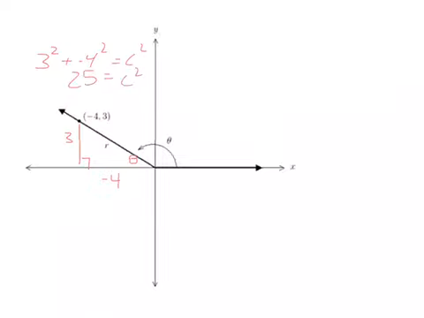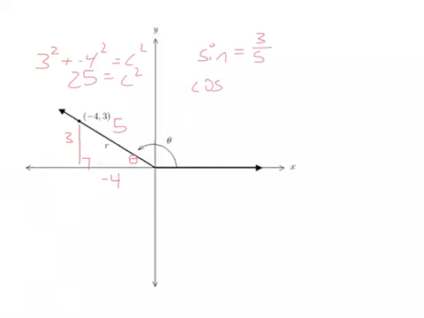And so that means that c, or our hypotenuse, is equal to 5. Well, if I get it set up this way, now all I need to do is apply my SOHCAHTOA rules.